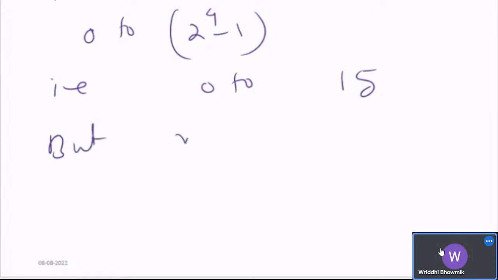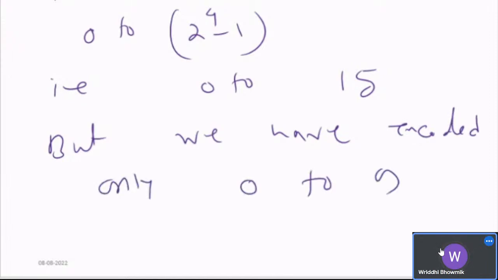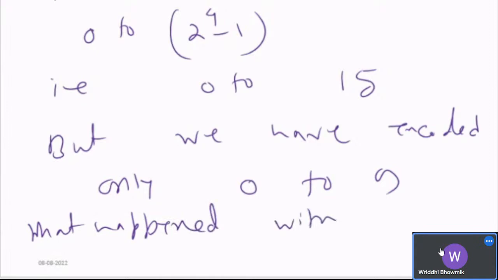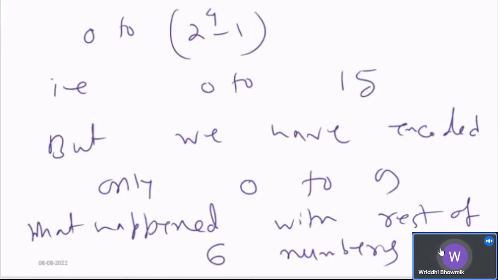But we have encoded only 0 to 9. So what happened with the rest of the 6 numbers? When we are using 4 bits for encoding purpose, carefully listen, we can encode the values from 0 to 15.